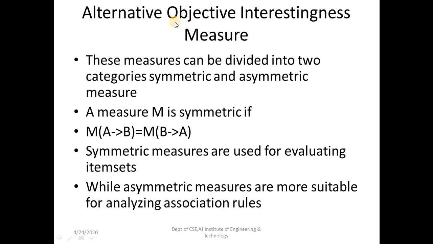Next topic, alternative objective interestingness measures. These measures can be divided into two categories: symmetric and asymmetric measures.